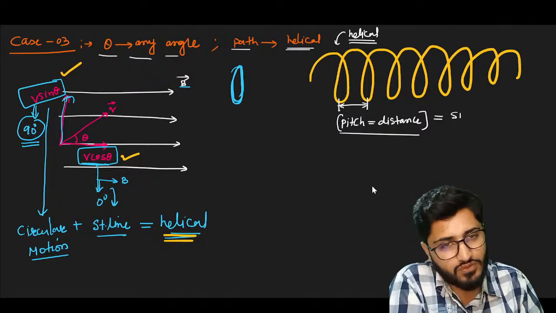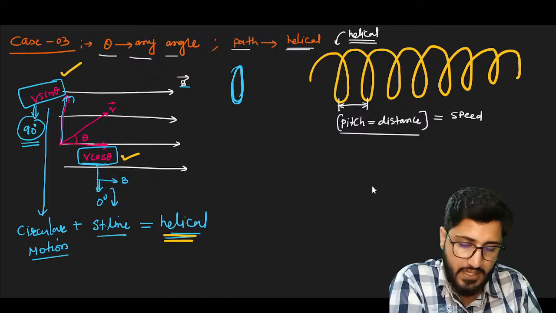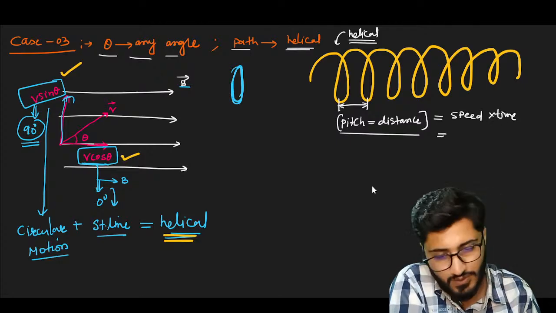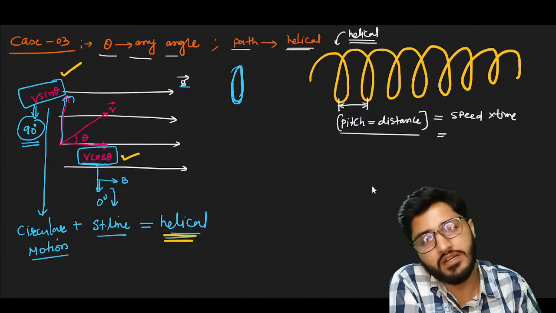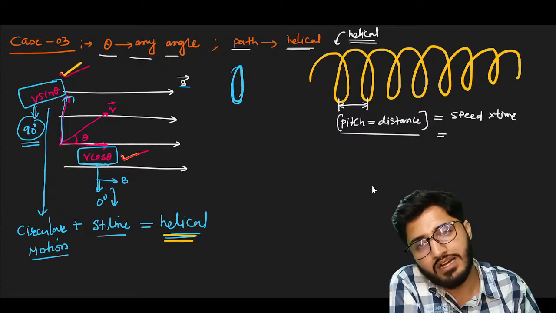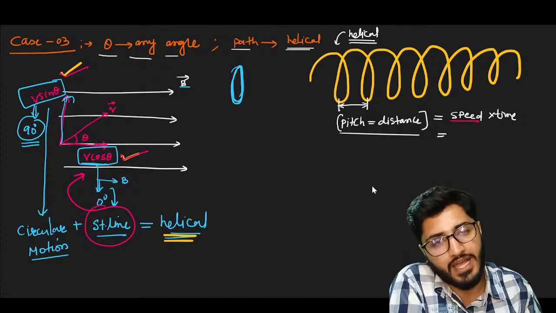Distance is equal to speed into time. What is speed? Which one is speed? Can we just write v cos theta as speed or v sin theta? I guess, sir, the speed parameter is v sin theta only. No, instead of speed, I can write v cos theta.